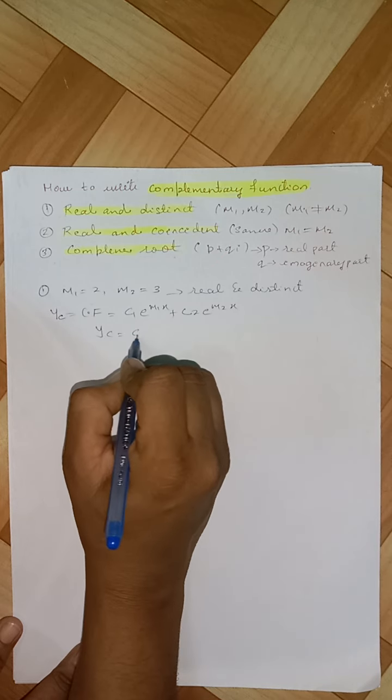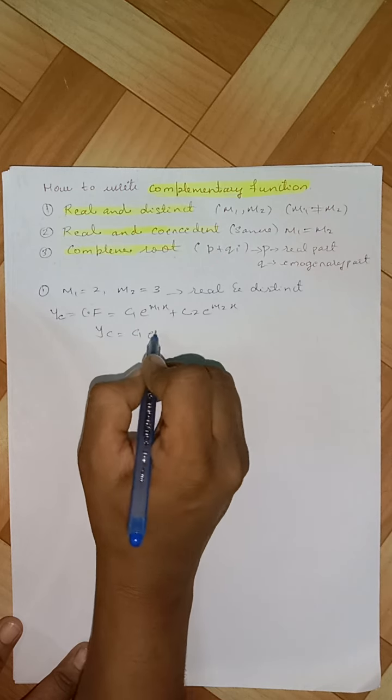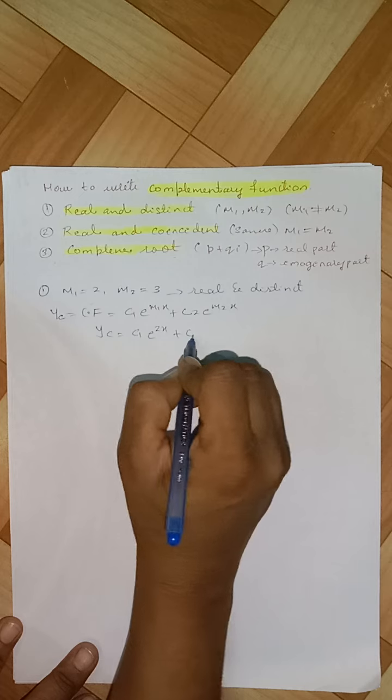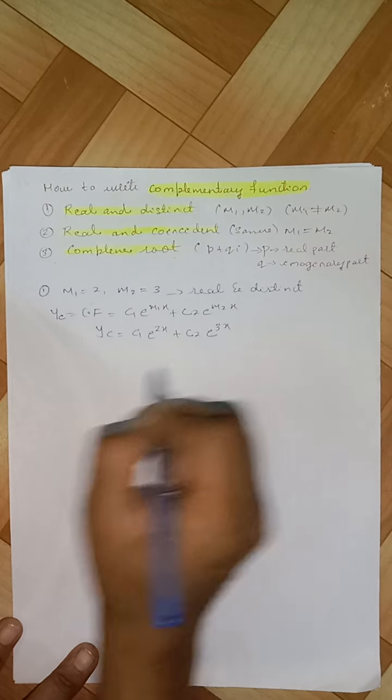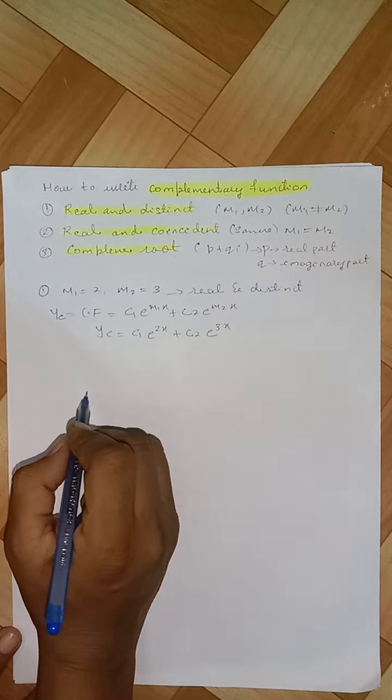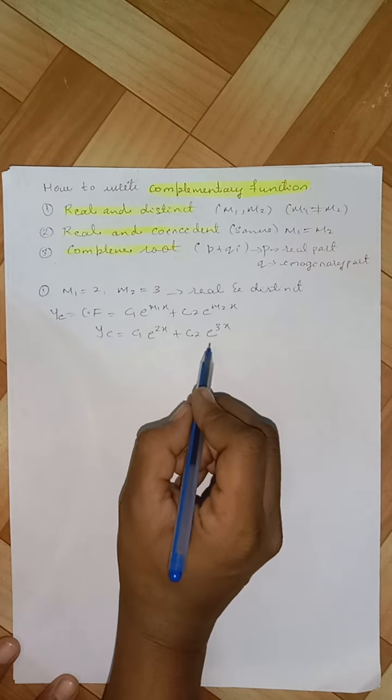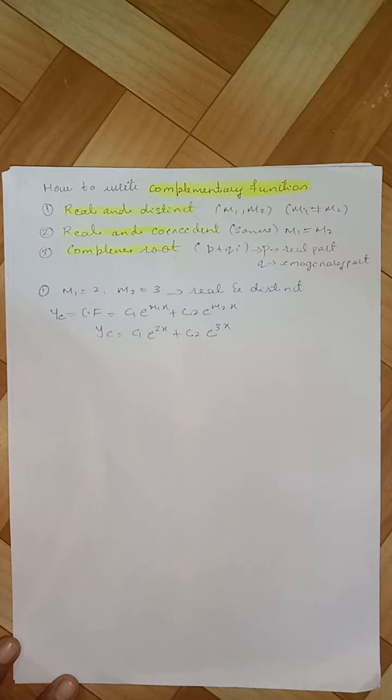Yc is c1 into e raised to 2x plus c2 into e raised to 3x. So this is how to write complementary function if your root is real and distinct.